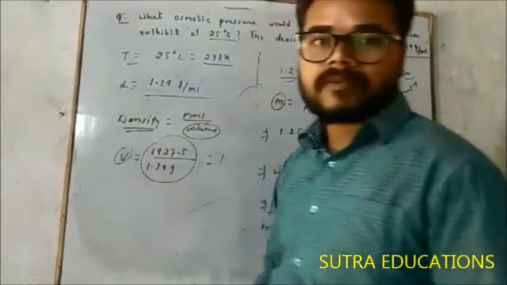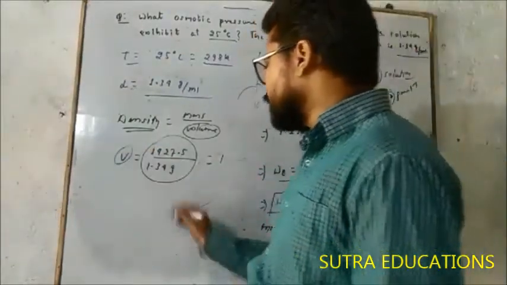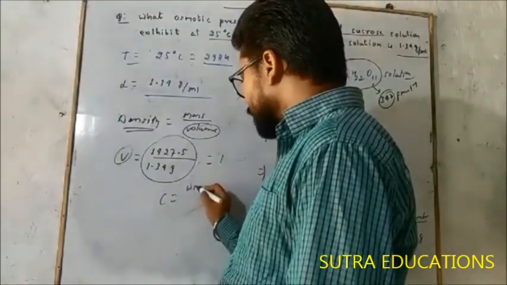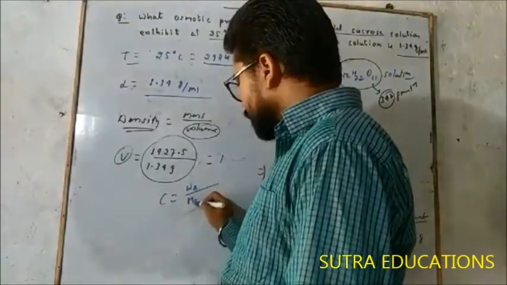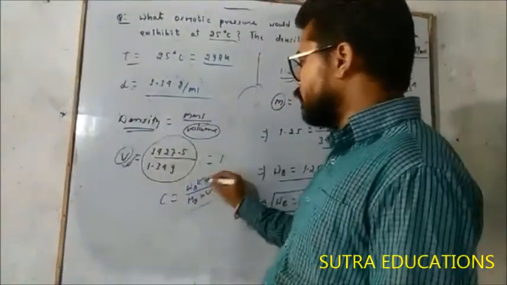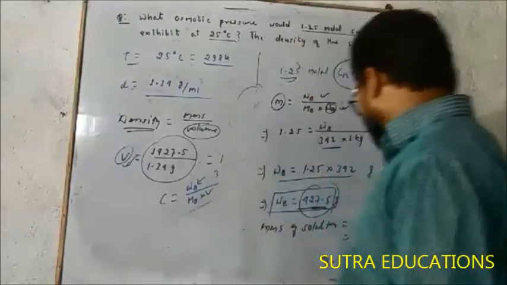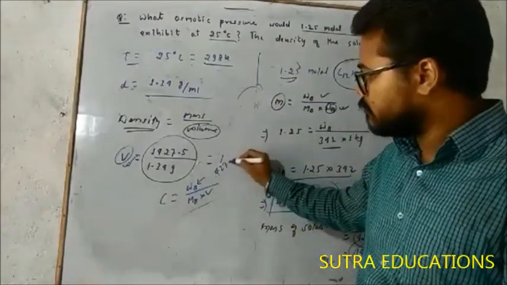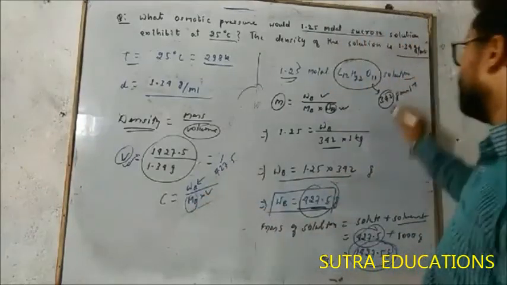So once we have got volume, we can calculate C. C will be WB upon MB and this volume. Volume we have calculated, WB we have calculated, it is 427.5. MB we know, MB is 342.